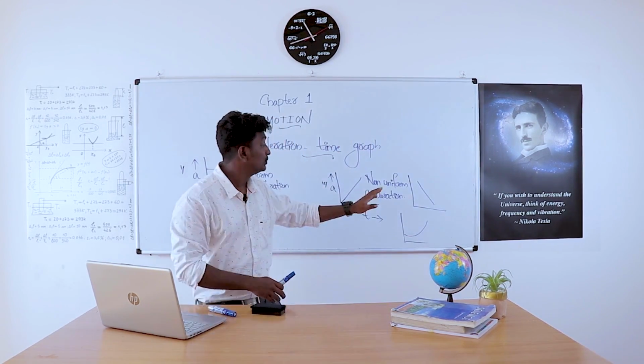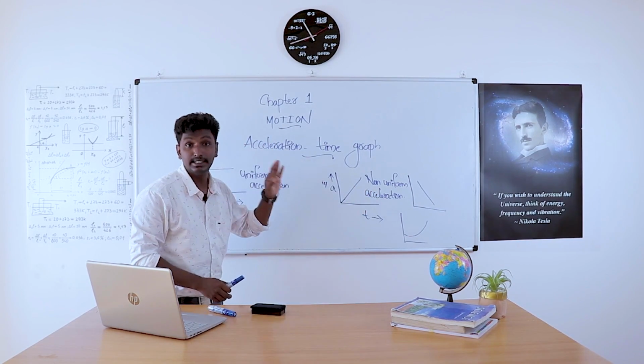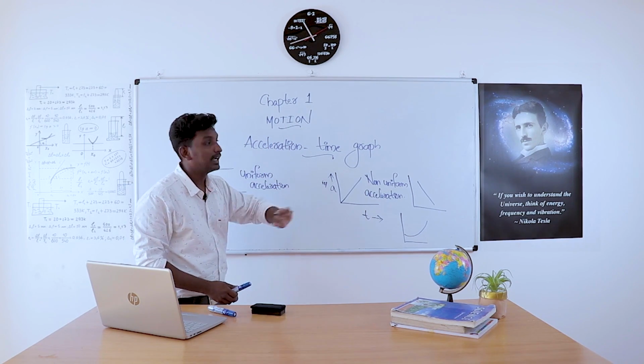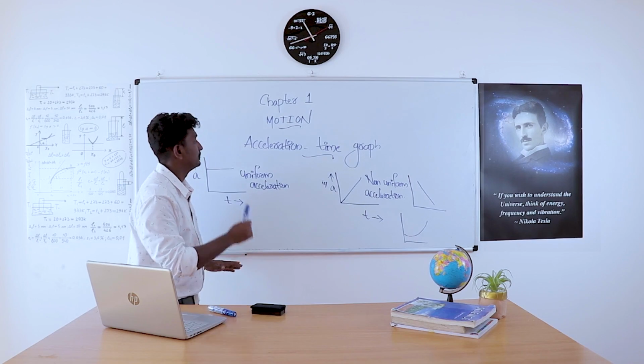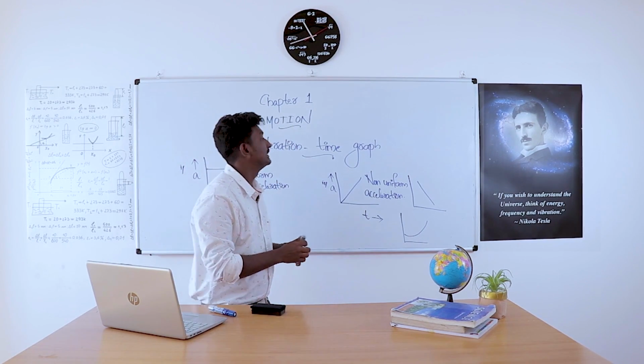That's all non-uniform acceleration. Now we have discussed the three types of graph: position time graph, velocity time graph, and acceleration time graph.